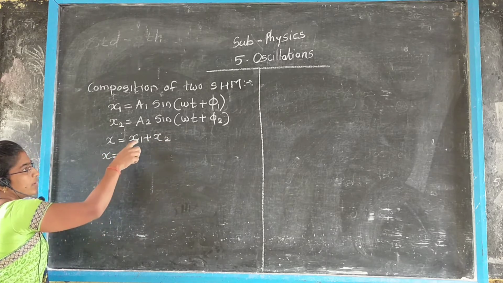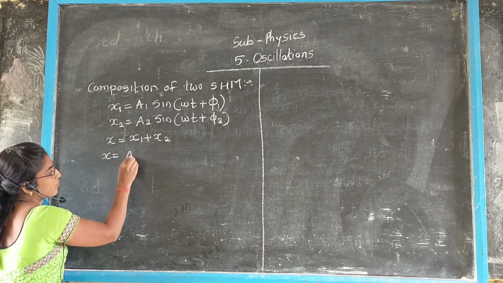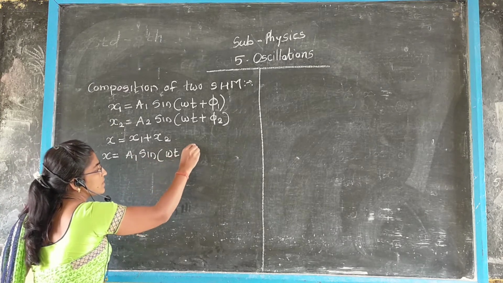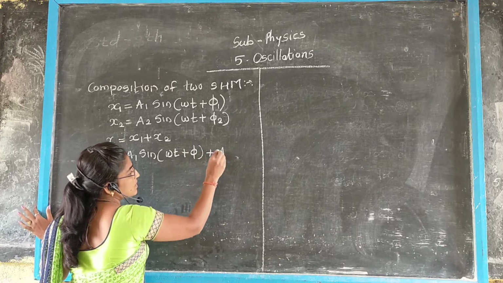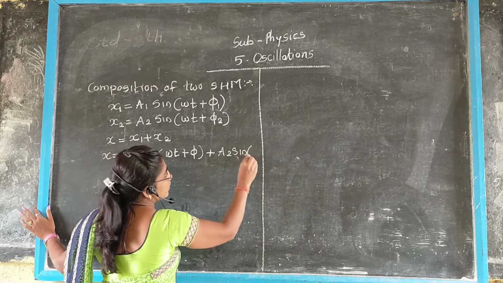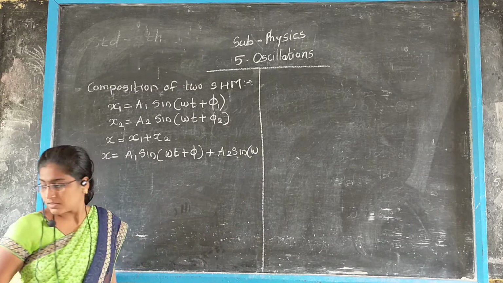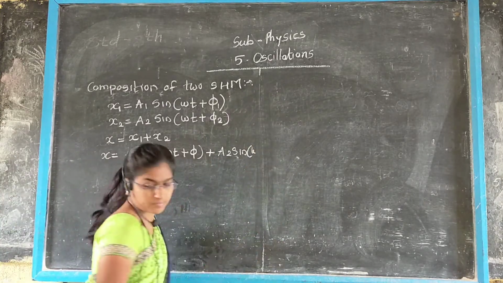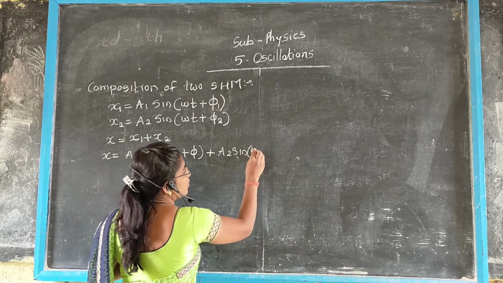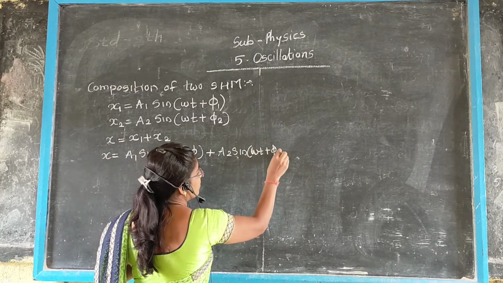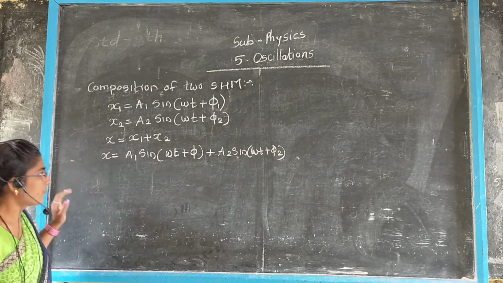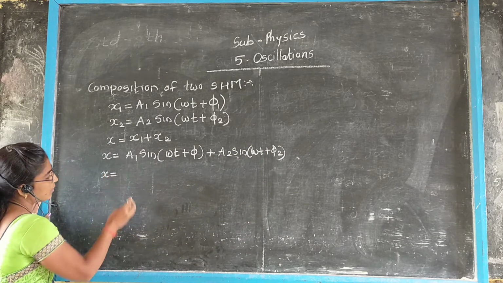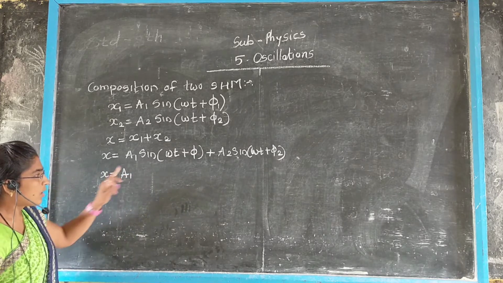Therefore, x is equal to, adding x1 and x2, a1 sin(omega t plus phi 1) plus a2 sin(omega t plus phi 2).